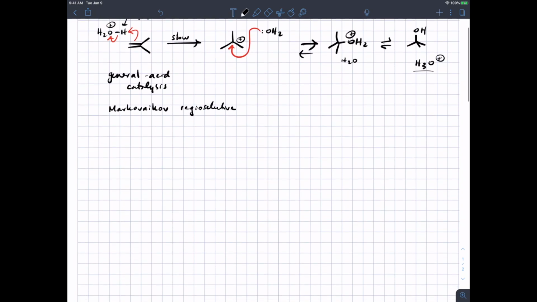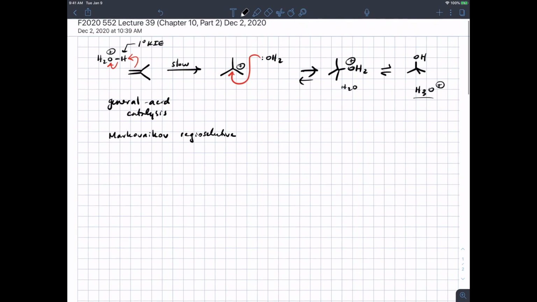A couple of interesting features give you a sense for why the intermediate here is likely a carbocation instead of an alternative bridging species. I don't know if you remember when we talked in the MO chapter about the ethylene cation, and if you were to add a proton to ethylene, you don't get this, but instead you get a weird 2 electron 3 center bond, where you've got this bridging hydrogen.